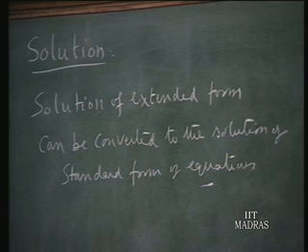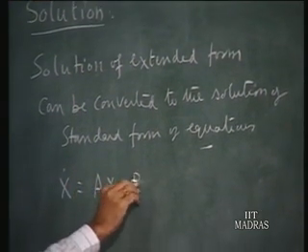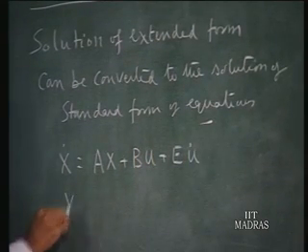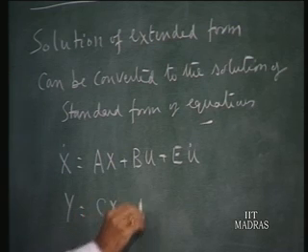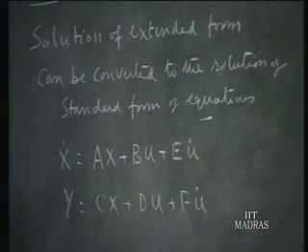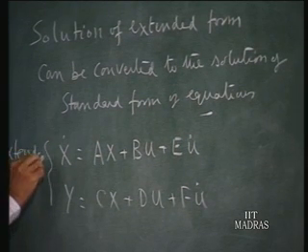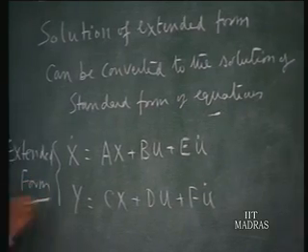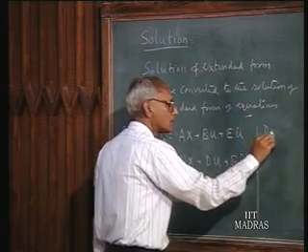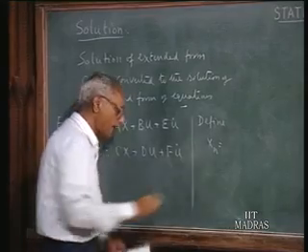How? Let the extended form be x dot equals Ax plus Bu plus E times u dot, y equals Cx plus Du plus F u dot. So these are the extended form of equations. Now you define a new set of state variables xn as x minus Eu.